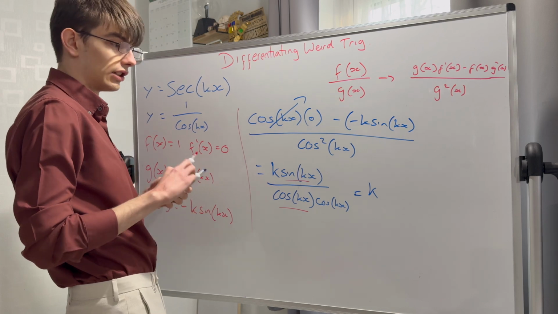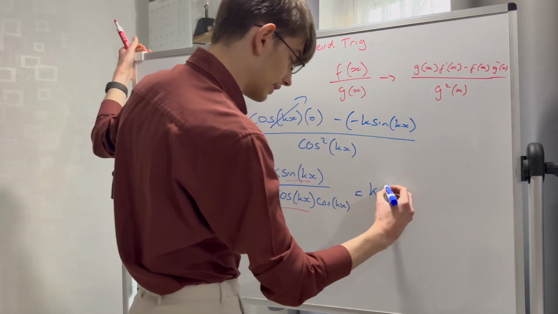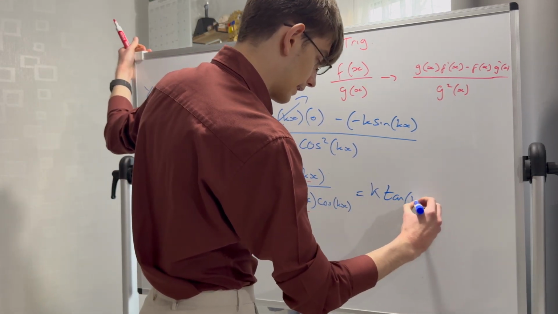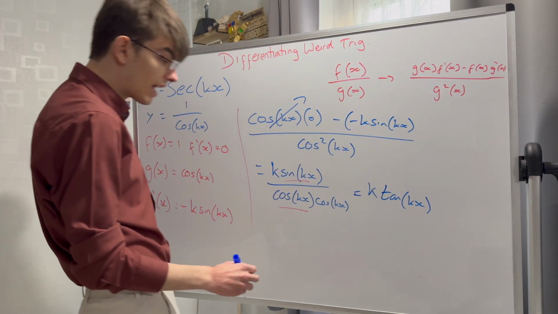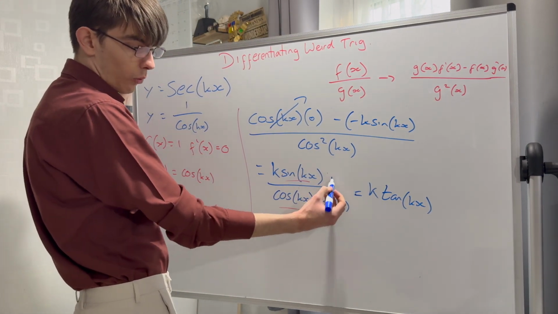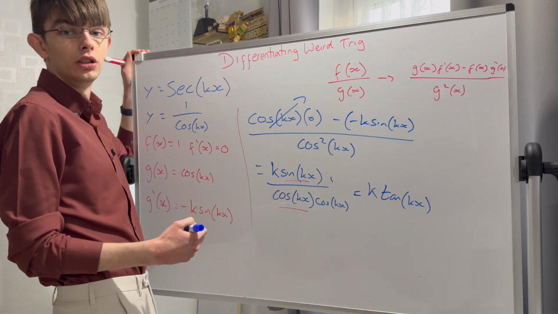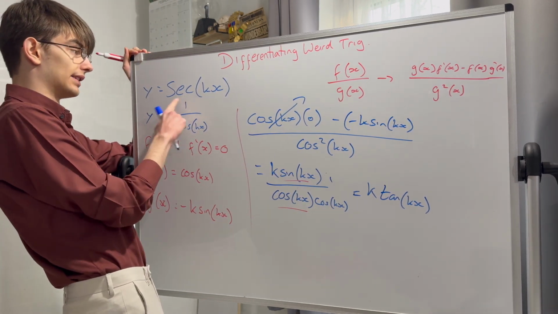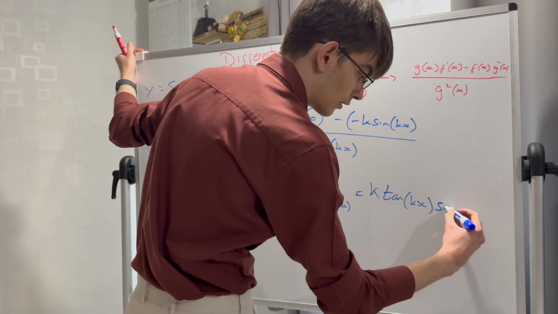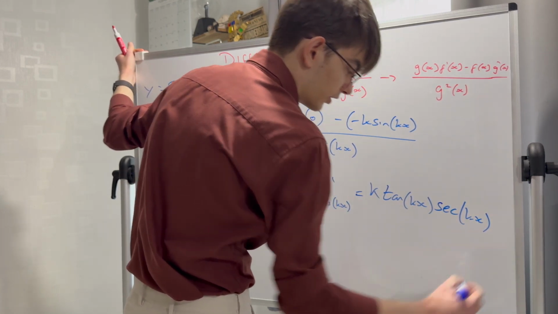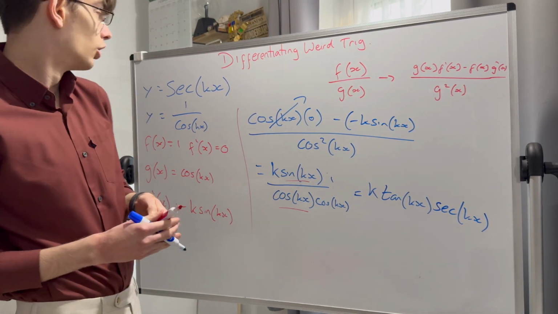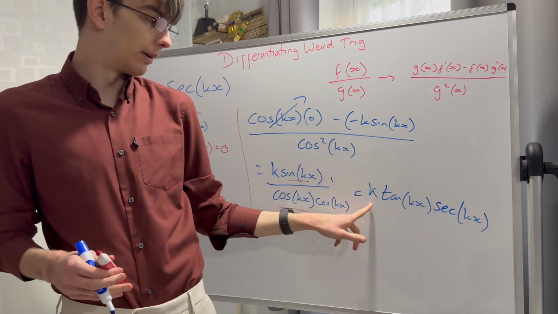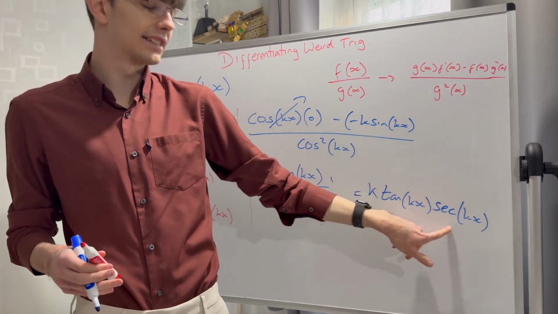Sine divided by cos is just tan, no weird cot nonsense this time. So I get tan of kx, and then I'm left with, there's a secret 1 there, 1 divided by cos of kx, which is sec of kx. So my derivative of sec of kx is simply k tan kx sec kx.